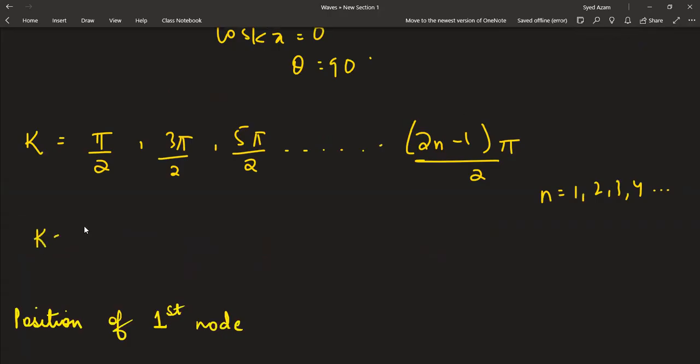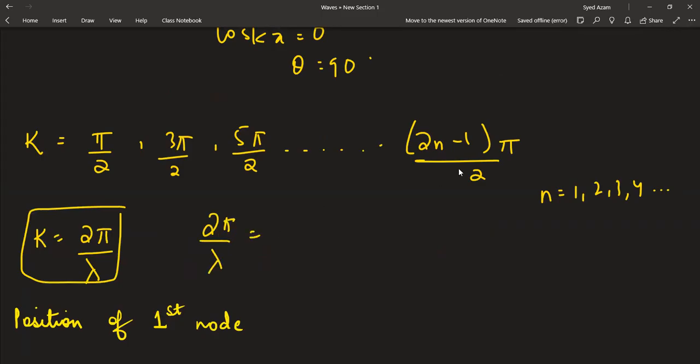Here k is 2 pi by lambda, the formula of k, if you have forgotten. So if you have to calculate something else, let's equate it. 2 pi x by lambda is equal to (2n minus 1) pi by 2.